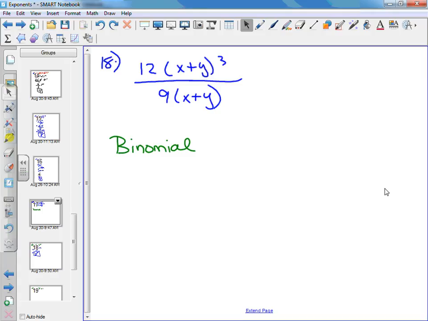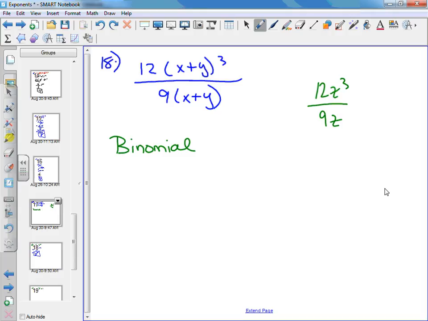All right? So what your brain needs to kind of pretend is that the x plus y is a whole different letter. Let's say z. Okay? So this could actually be 12z cubed over 9z. Now, if that was the case, what would you guys do?